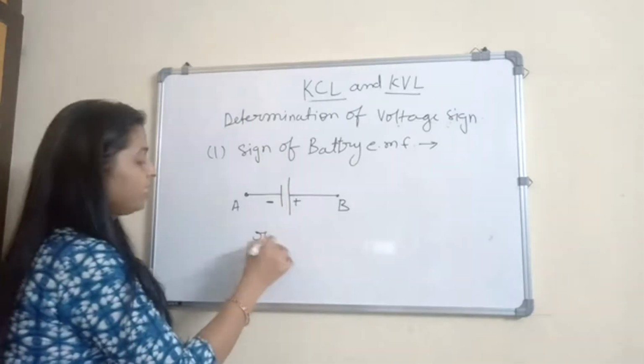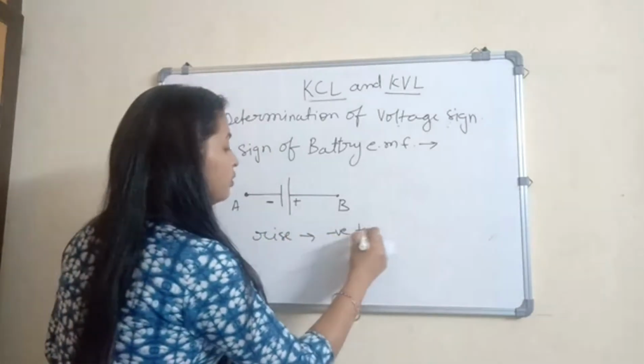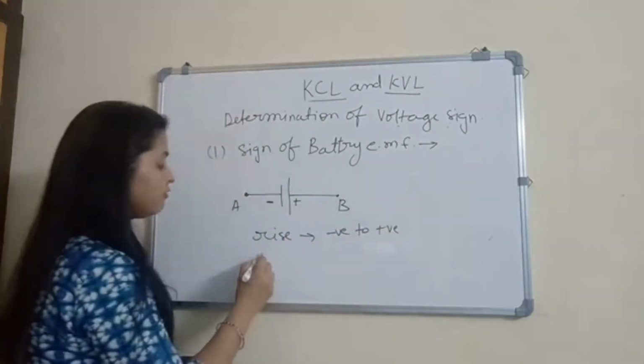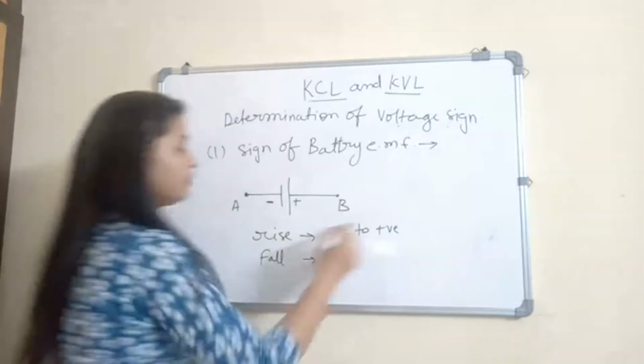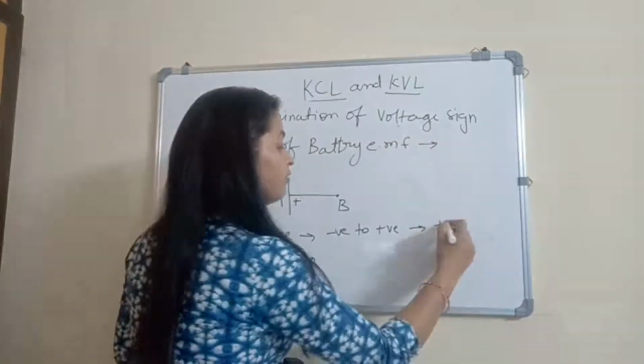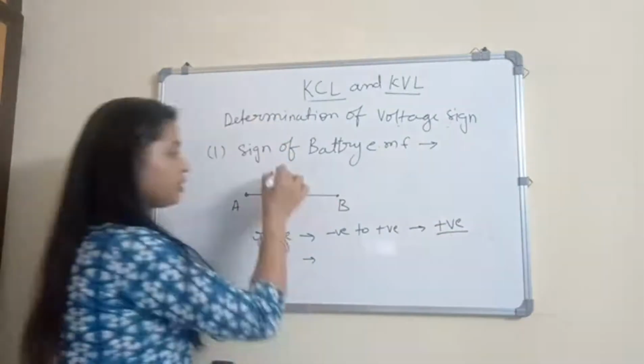Fine. So we can write here, rise is negative to positive, and fall means the negative direction. When we go from negative to positive, we have to consider the voltage source or any energy source as positive.